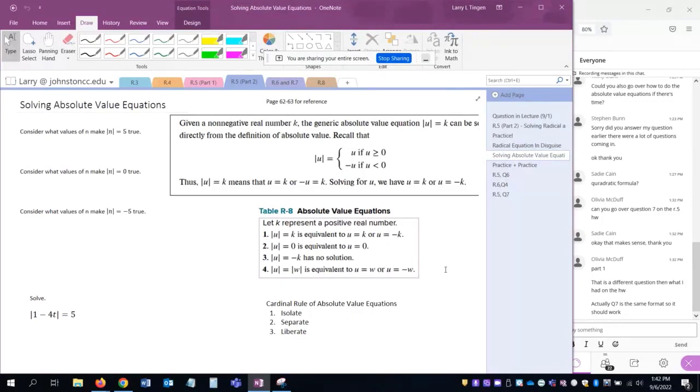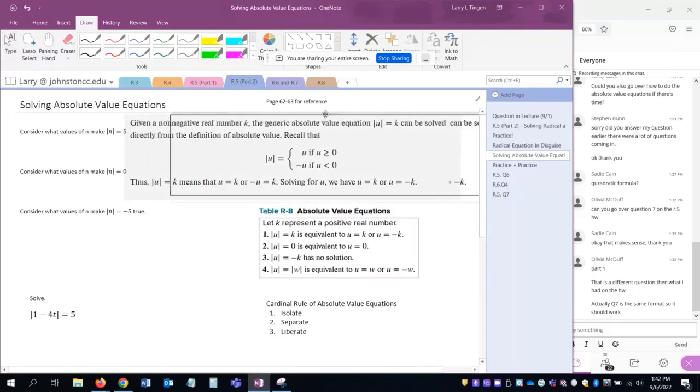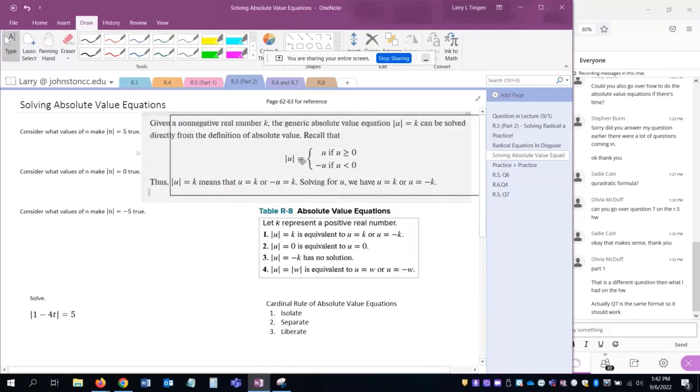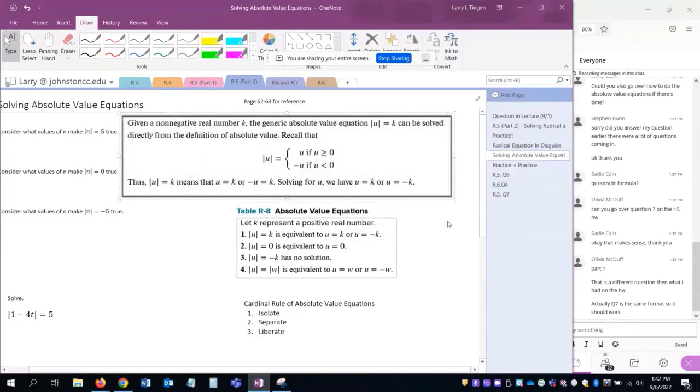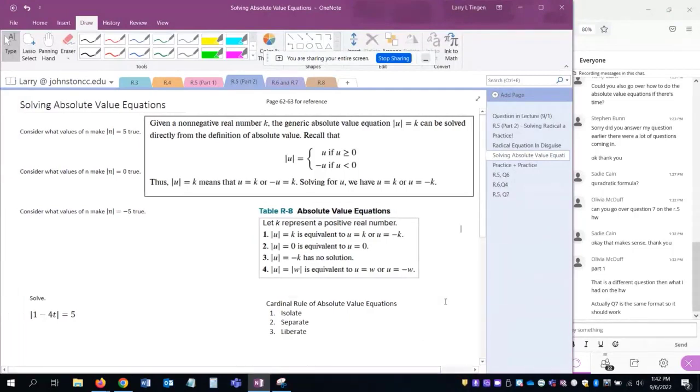I want you to think about what is an absolute value. The box to the right has the definition of the absolute value, and this is called a piecewise function. What that means is for certain values of the variable, we do one thing, and for certain values of the variable, we do something else.